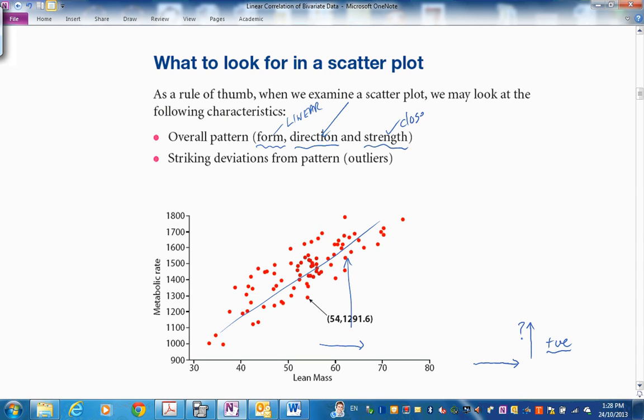How close to a linear pattern? Well, they look pretty close, but a bit of spread around there. We'll need to measure that later on. And then, of course, as with all statistical work, we should look at any outliers. Any points that are away from the main body of data, not following the same pattern, way off track, something like that.